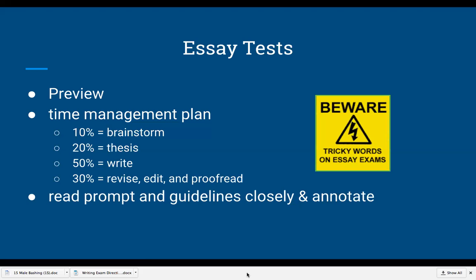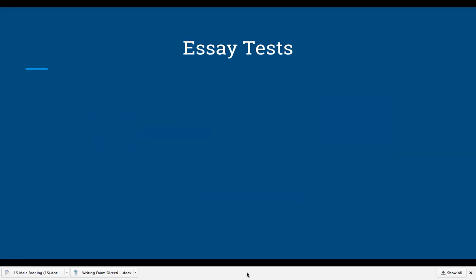If you don't have a point or an argument, a focal point in this essay, you're going to lose a lot of points. If you haven't written anything, of course, you're going to lose points. But if you haven't revised or edited any of your essay, and it's all grammatically incorrect and difficult to read, you're also not going to get a high enough score to pass. So think about these as all being very important. And so you don't want to spend 80% of your time just writing, okay? So it takes practice to get this down, and that's why I said practicing with those prompts is a good exercise.